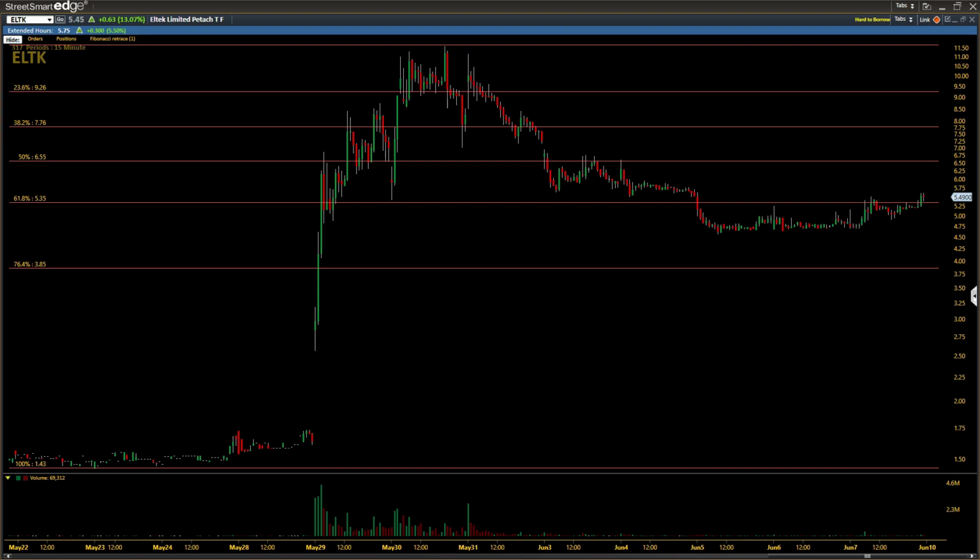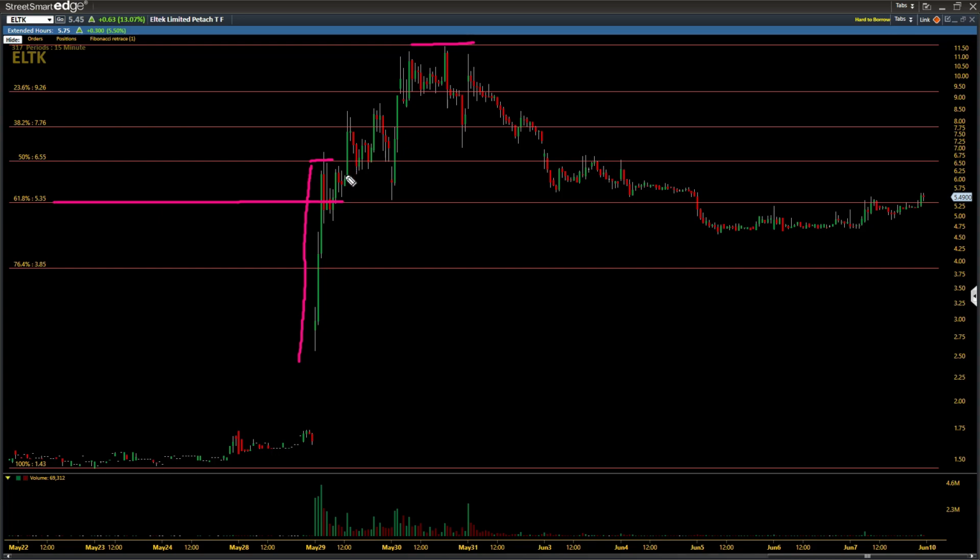Ticker symbol ELTK. I always try to plot it from the very bottom of what I can see on a price chart to the very top of the recent big spike. So we could see with this beginning of the spike right here, even after we've plotted out the top way up here, even before this, you could see it was topping out at this 50% level and bouncing right at this 61.8 level.